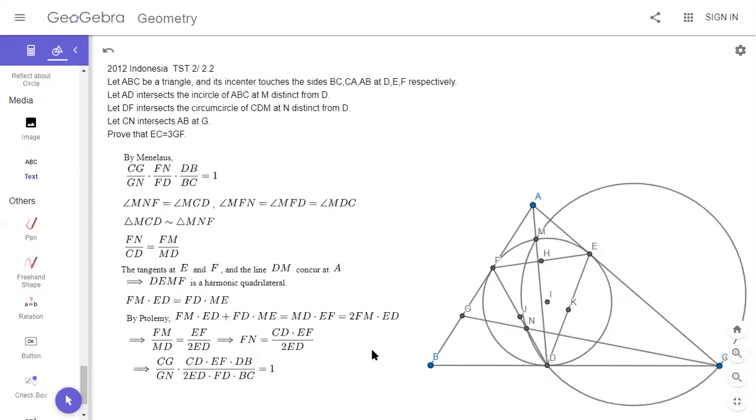So, I mean, really, we can handle FD over BD. That's just, so FD over BD is just twice the cosine of 90 minus, that's just twice sine B over 2.